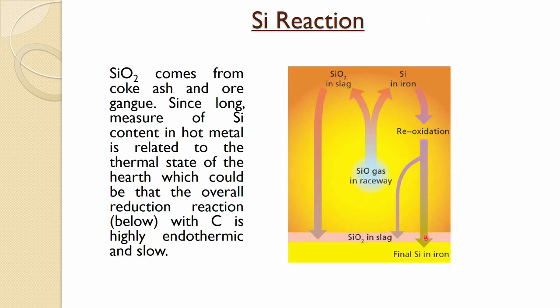In fact when it is coming down it reoxidizes, it gives away some of the silicon and which gives the final silicon content. So, SiO2 in slag it gives away actually, and the same thing this SiO also goes to the slag here. So, this is a sort of a cycle we would be discussing a bit.